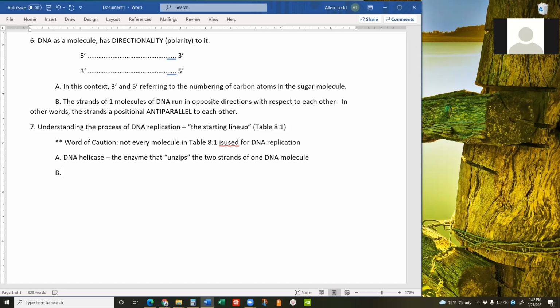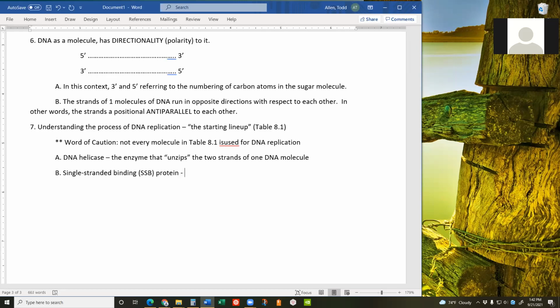Next, we have some proteins here. I'm going to add a protein that's not listed in table 8.1, but it's nonetheless present and used, and it's called a single strand binding protein, or SSB protein for short.